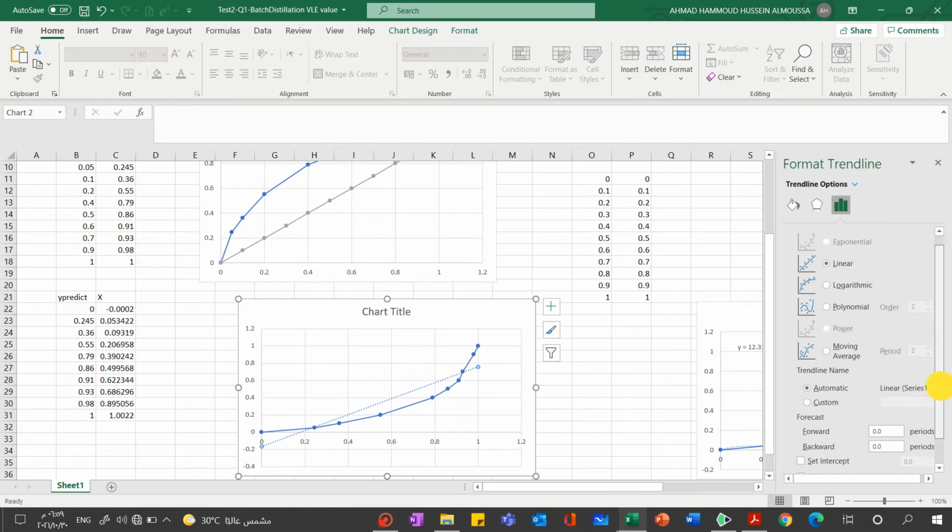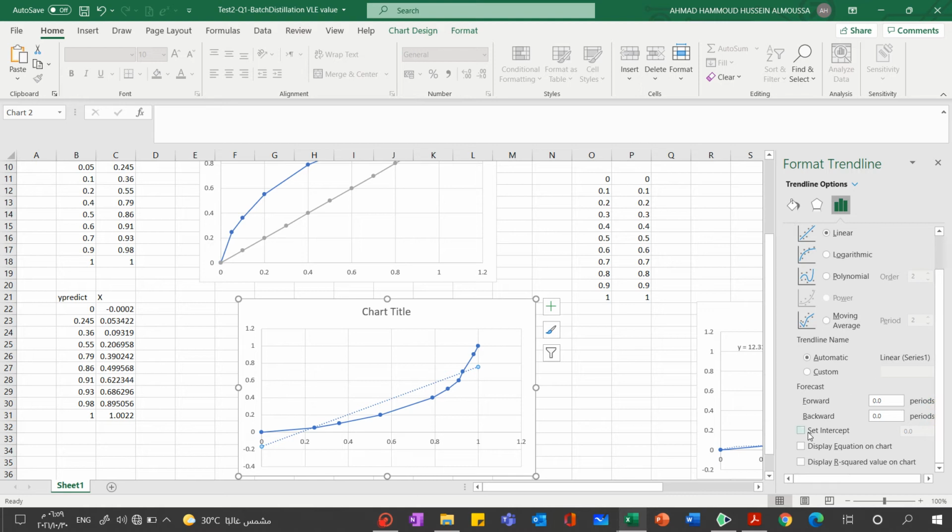First of all, display the equation and the R squared. Like what we see here, the R squared is 0.8347, which is very small.